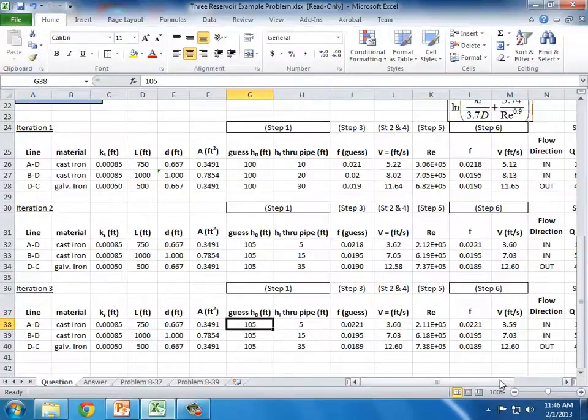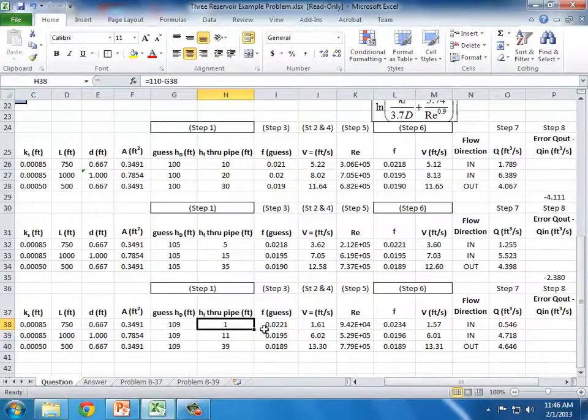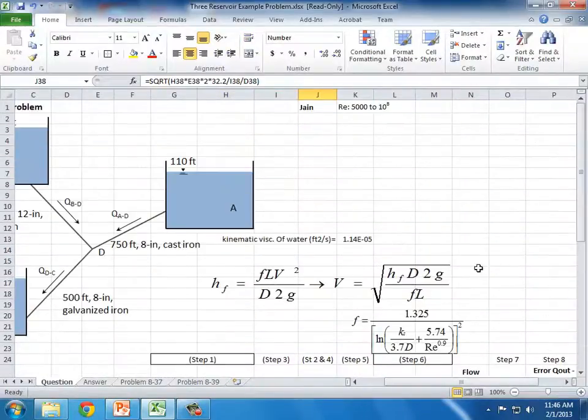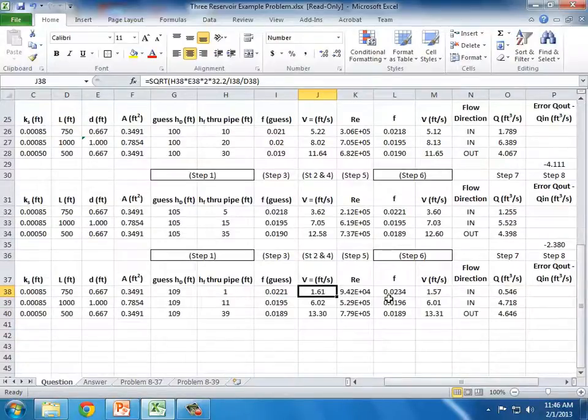So let's say 109. It calculates all the head losses, F values, velocity. Now at 109, the flow directions are still as I had anticipated. I haven't gone above the water surface at A, and so the flow rate is still going from A towards D. So all the flow direction guesses are correct.